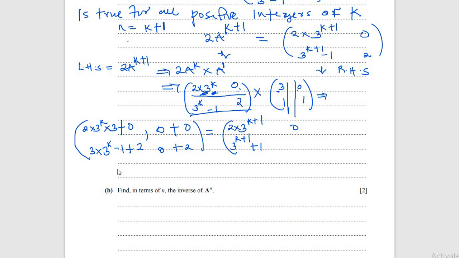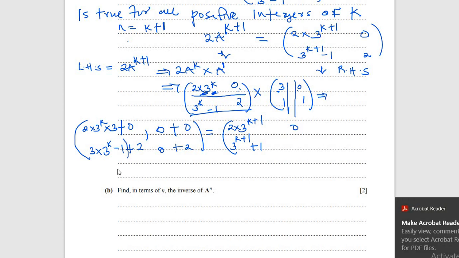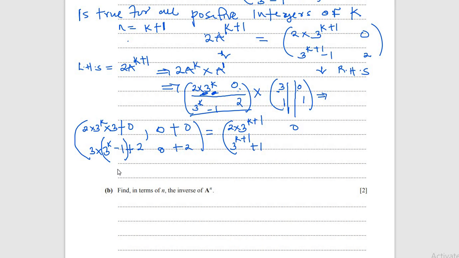For this multiplication, we multiply the whole of them. The answer should be 3 raised to the power k plus 1, minus 3 plus 2.